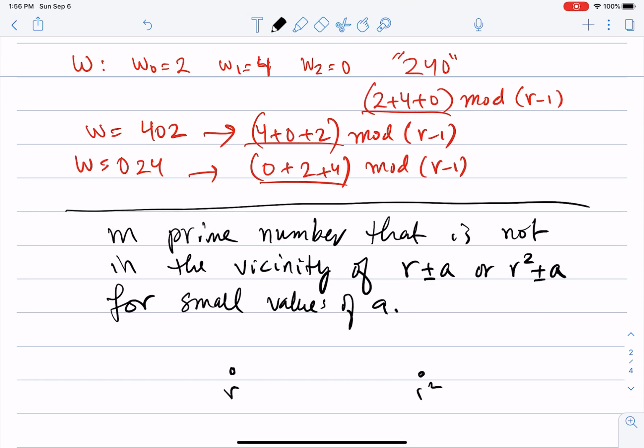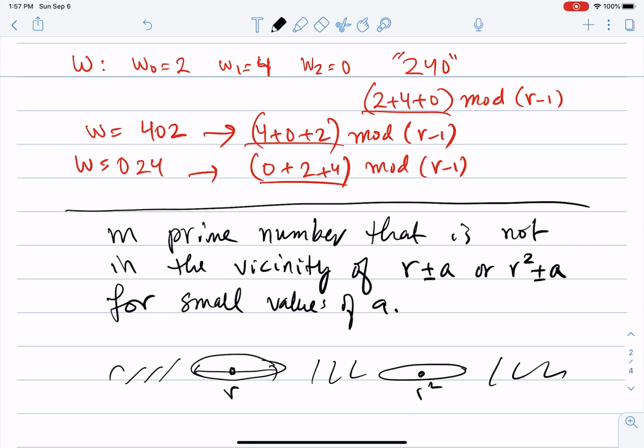What we are saying is that, draw some range around R. Okay, so these are all the numbers around R. Again, if a is up to 5, for example, it would be R minus 1, R minus 2, R minus 3, R minus 4, R minus 5, R plus 1, 2, 3, 4, 5. The same thing here is the vicinity of R squared. What we are saying is that choose some prime number somewhere here or here or here. Okay, so don't choose a prime number that's close to R or to R squared.